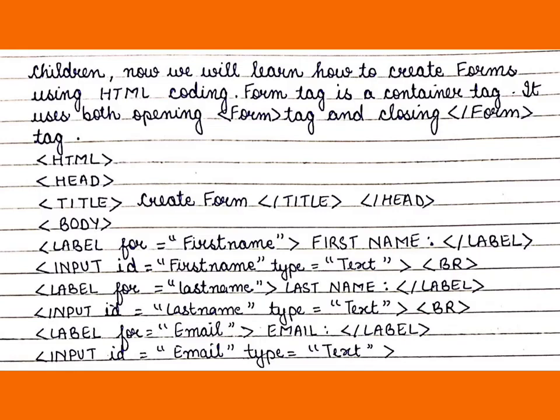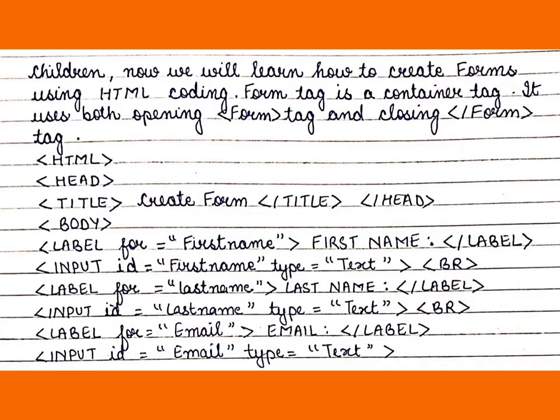Children, now we will learn how to create forms using HTML coding. Form tag is a container tag. It uses both opening form tag and closing form tag. Students, let us write the coding for creating a form.